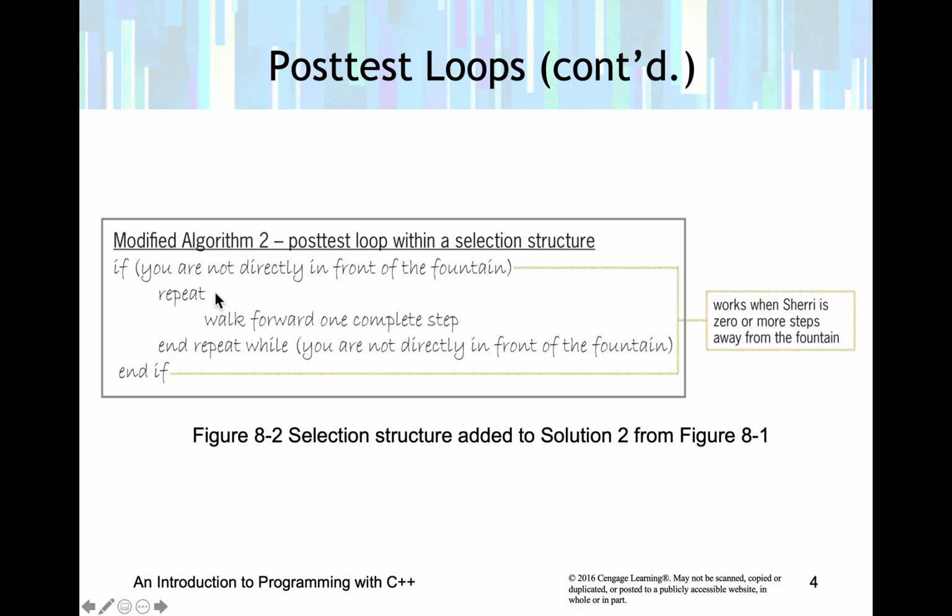Then at the bottom of the loop, we're going to test to see if we're not directly in front of the fountain. If this is a true statement, then we're going to repeat this loop again. Are we not in front of the fountain? If it's true, we walk. Once we are in front of the fountain, then we stop the loop, and we're done.